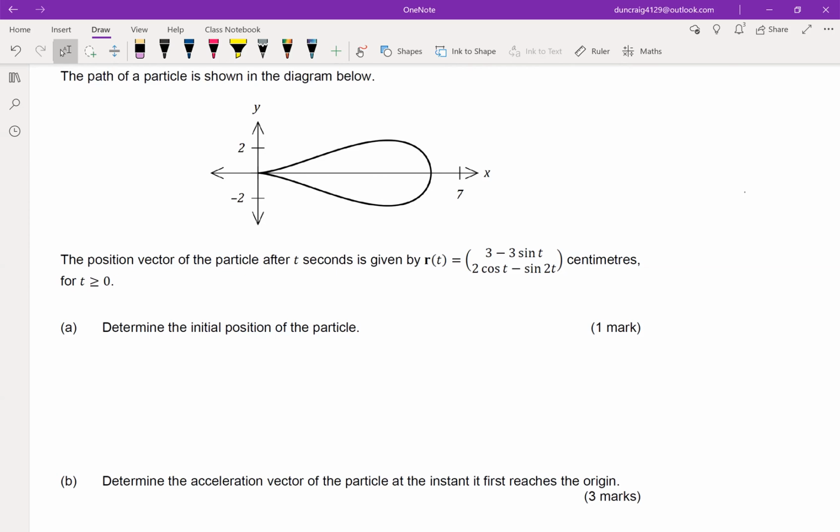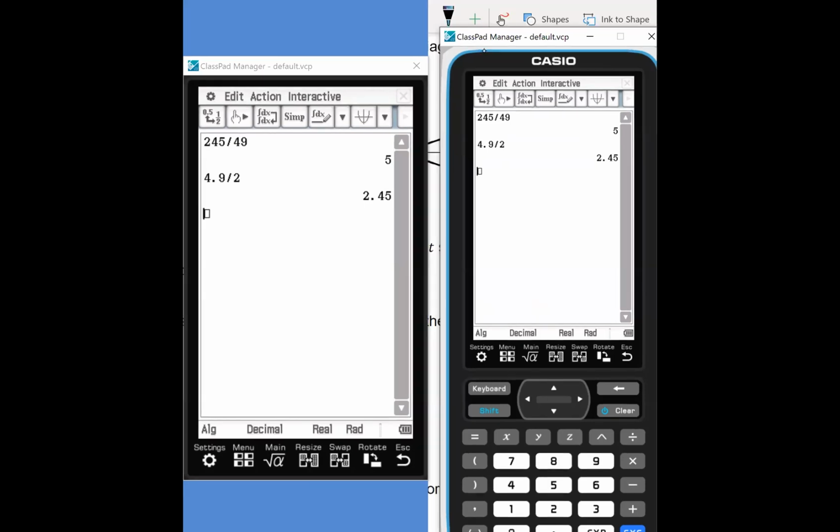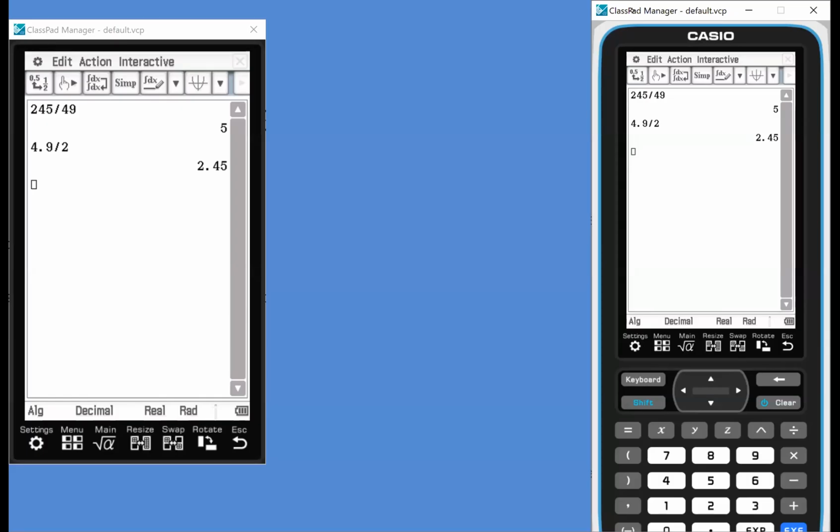Okay, I might actually just go ahead and show how this looks on the ClassPad as well. So what I'm going to do here is go to my back up here, do a new share, and get the ClassPad, and bring it over there so I can see.